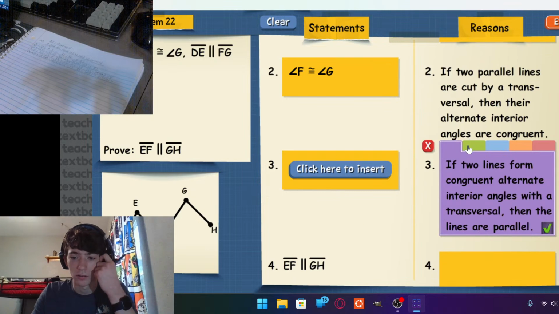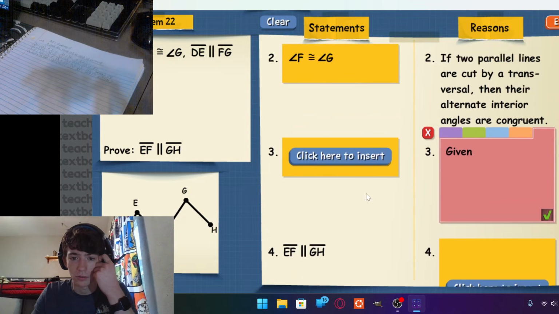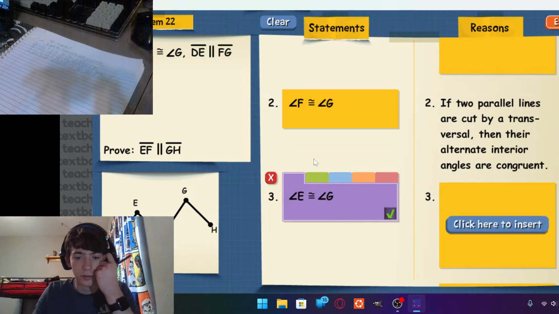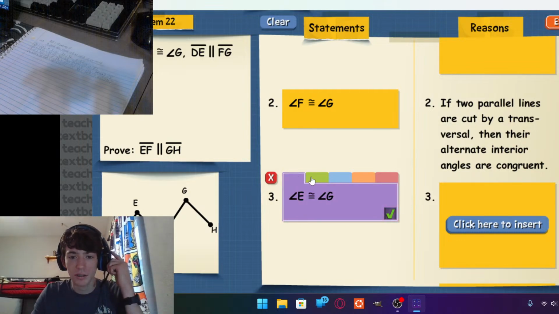It's always about 2 lines. It's all about 2 lines. Okay, so let's see what the options are. Okay, I think it's going to be E and F this time.